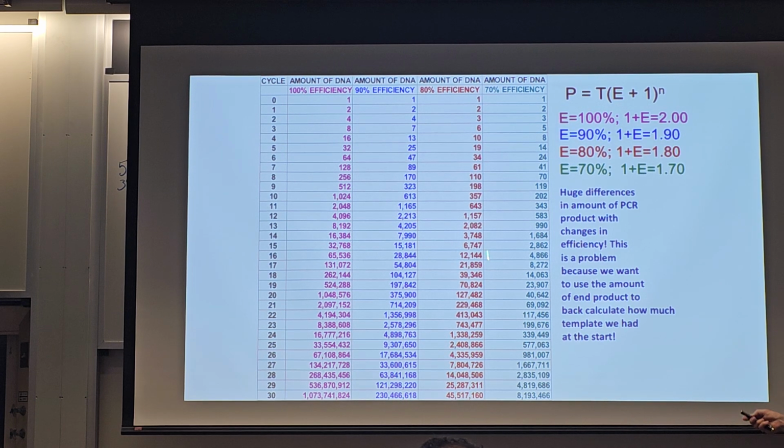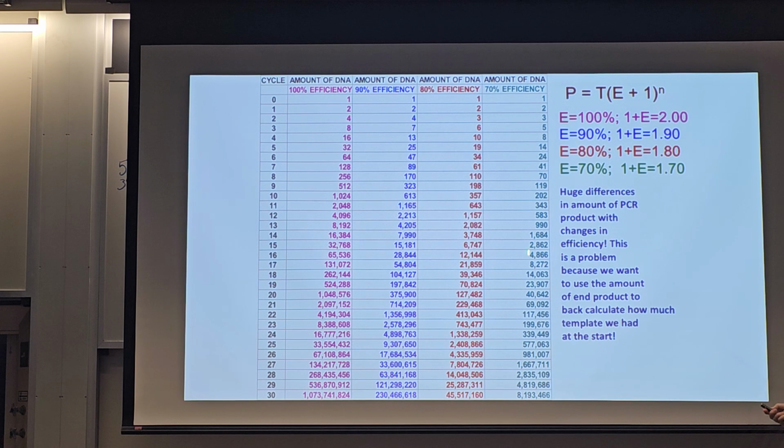At 80% efficiency, 45 million; at 70% efficiency, 8 million. So efficiency has a dramatic effect on the amount of product, and it's a huge problem for us in trying to be quantitative. The reason is, we're going to try to use the amount of product that we get from the PCR to back calculate how much we started with.